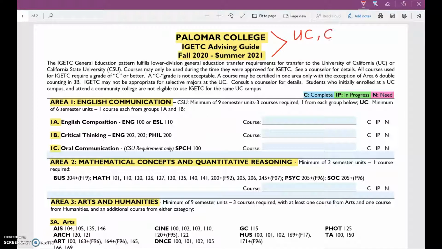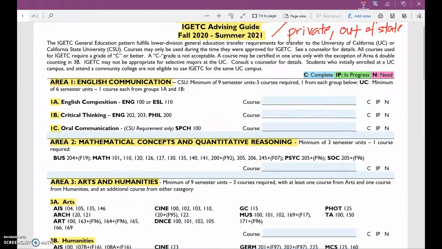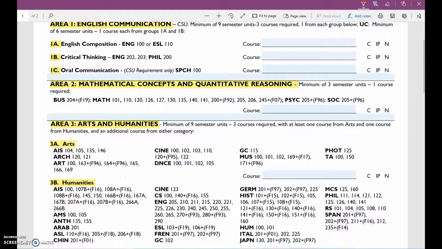It also works for the CSUs. It also works for most private schools, and it is the best one to use for out of state. So if you know that you want to transfer but you're not sure where, this one might be the safest one to use.